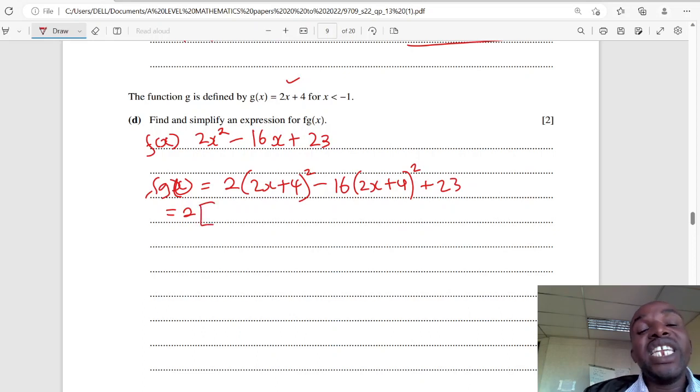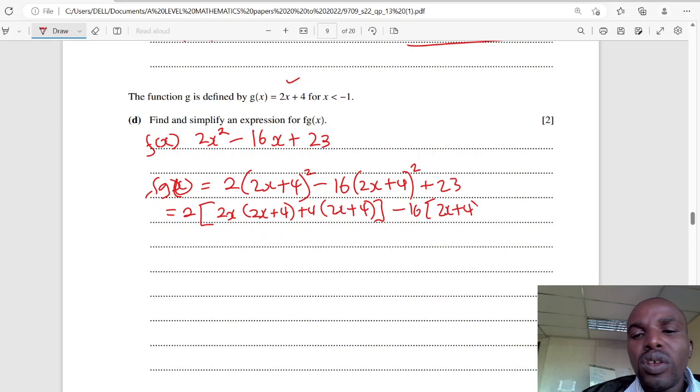In case your completed form is maybe wrong, then it means you will not get the thing wrong. So it's 2x here, then 2x plus 4. That's 2x plus 4 squared. Then plus 4, 2x plus 4. That's this part. Then minus 16. Then on this part, 2x plus 4. Let me just multiply.